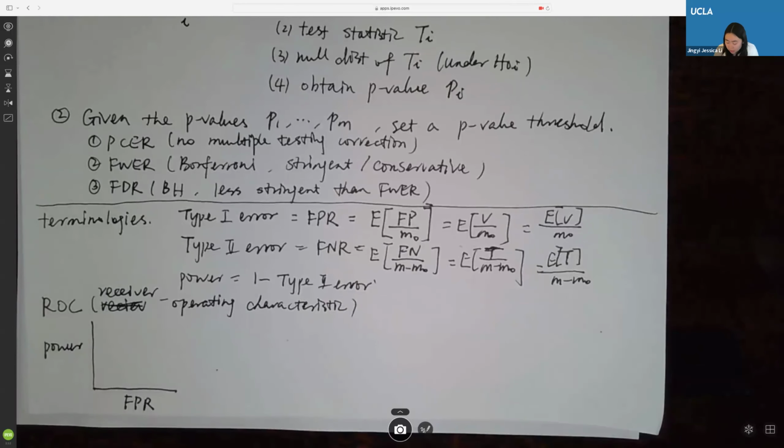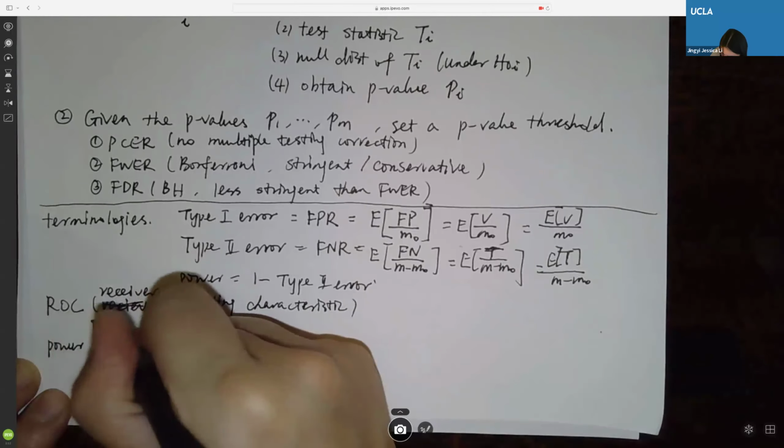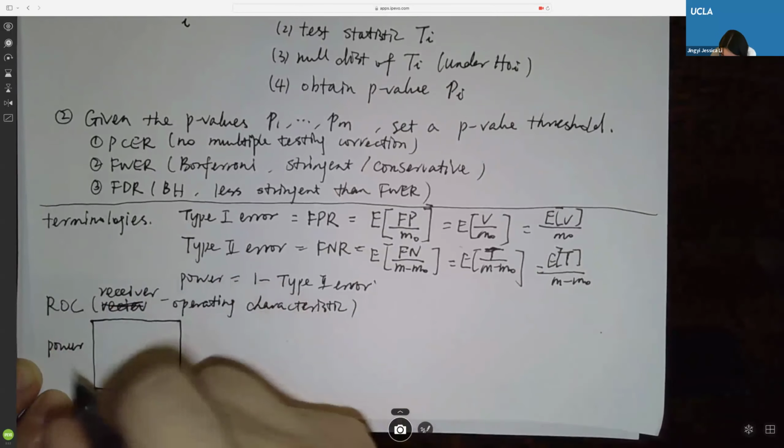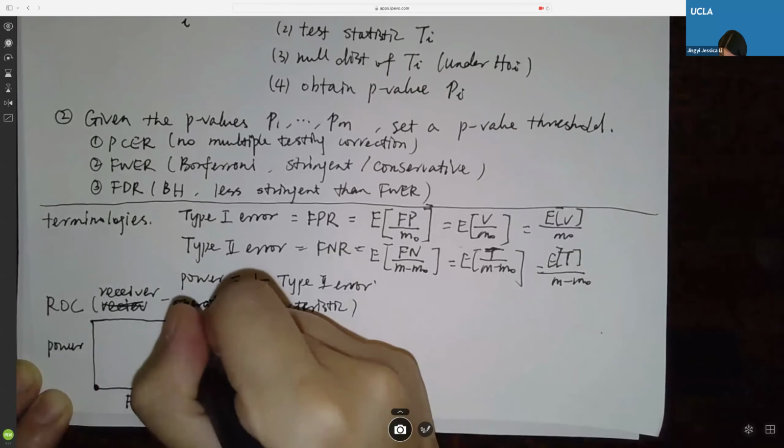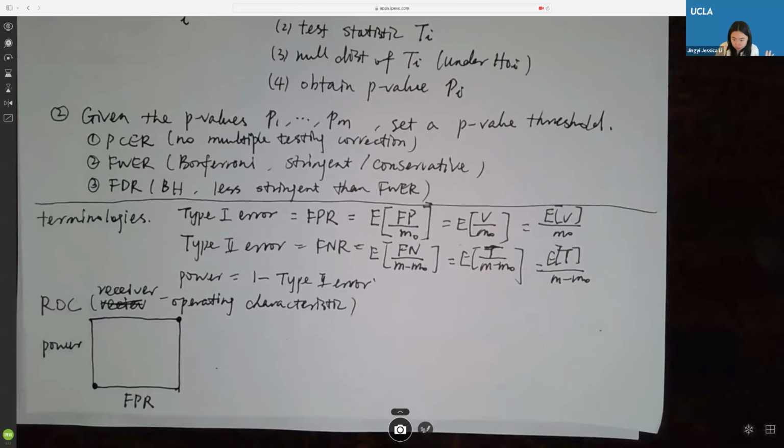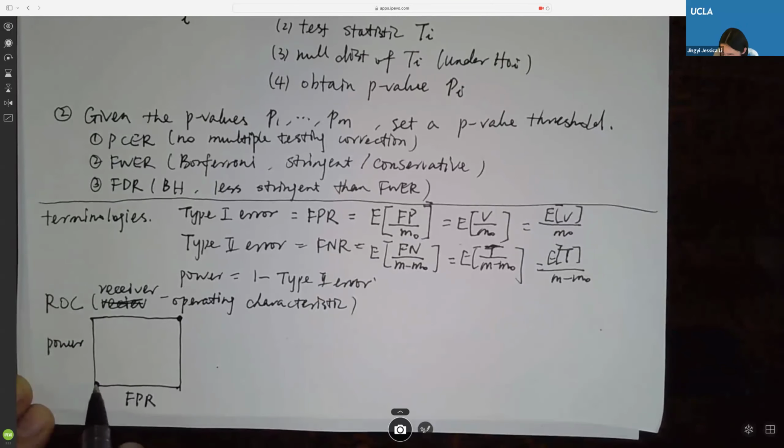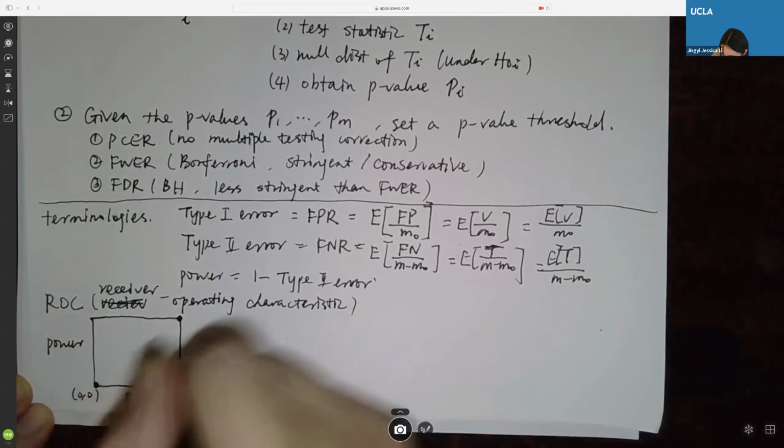The curve will have dots following your different, say, p-value thresholds for making your decision, and you calculate the two corresponding values. So you will definitely have the curve go through (0, 0) and (1, 1).